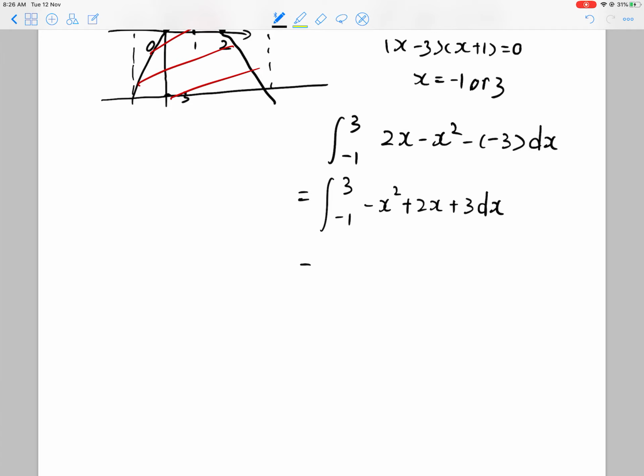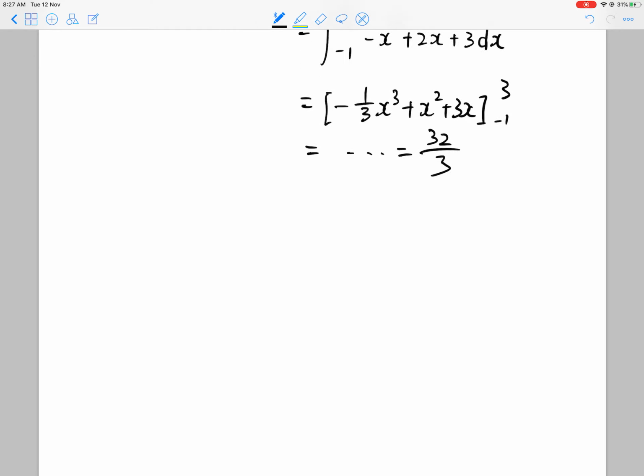So the integral is negative 1 over 3 x cubed plus x squared plus 3x, from negative 1 to 3. Then the result is 32 over 3.